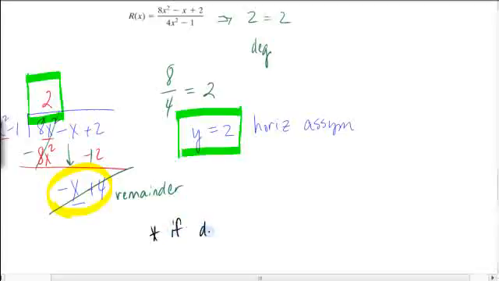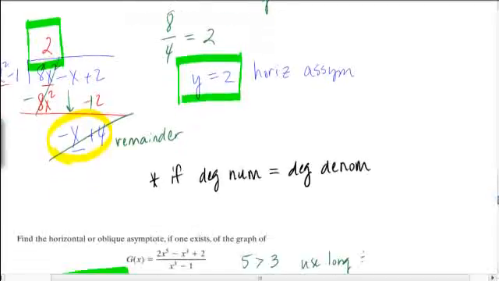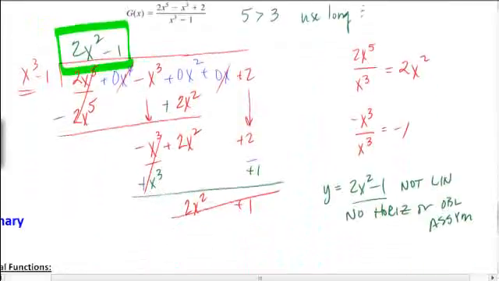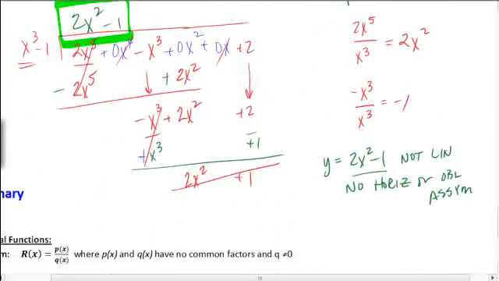If the degree of the numerator is equal to the degree of the denominator, then the leading coefficients give the equation of the horizontal line, like we saw in that example above. And then I want to summarize this one down here because there is a generalization that you can get out of this.